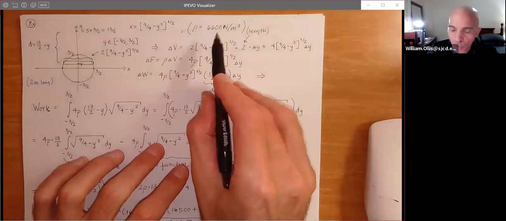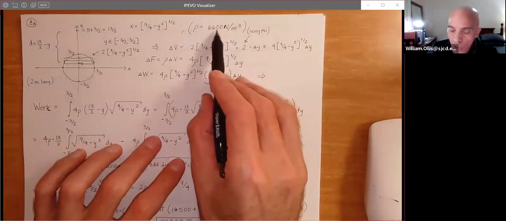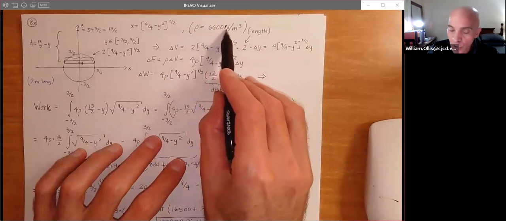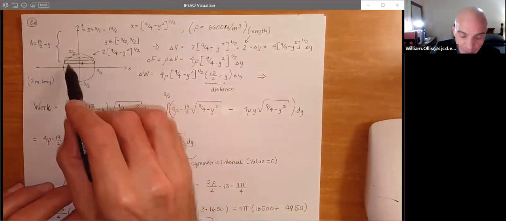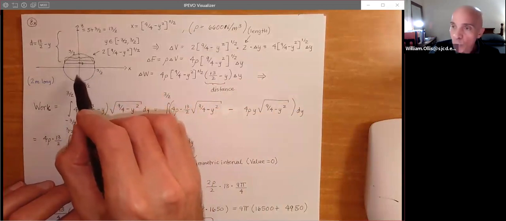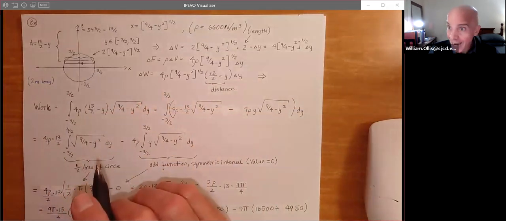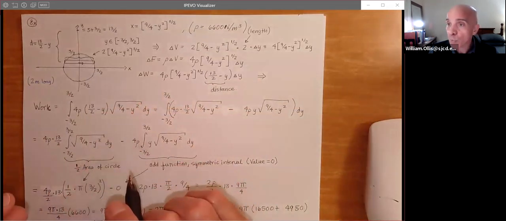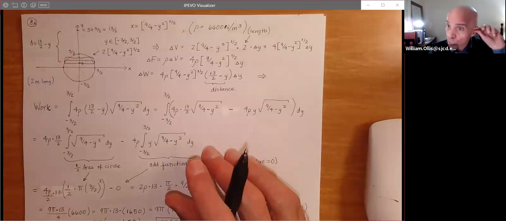In this particular problem, the weight density of the liquid or the gas was 6,600 newtons per cubic meter. And we're given that we have a tank that has diameter 3. So that means we have a radius of 3/2, and the breadth of the tank, that is the length of the tank, is 2 meters.